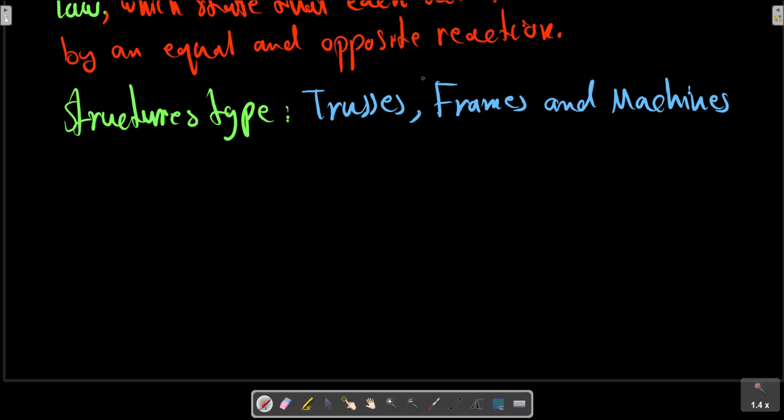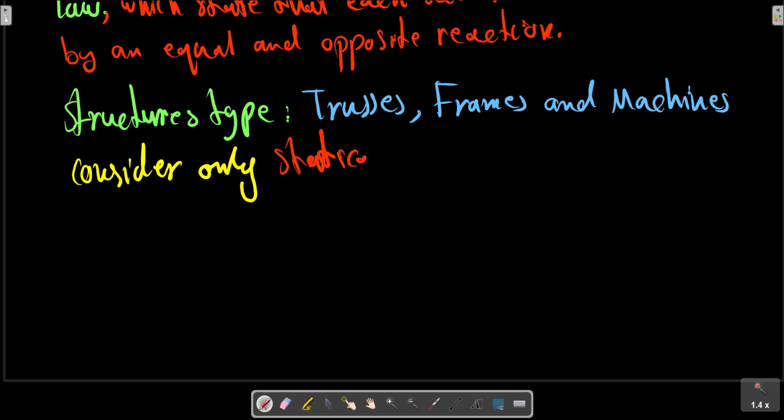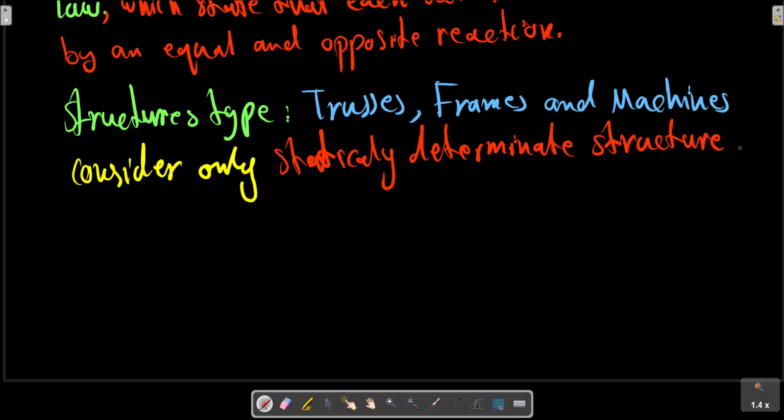In this treatment, we consider only statically determinate structures, which do not have more supporting constraints than are necessary to maintain an equilibrium configuration.